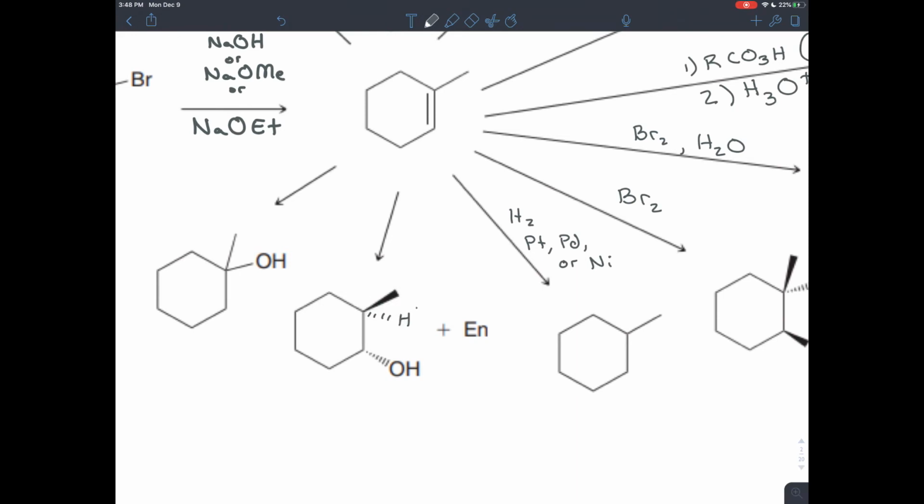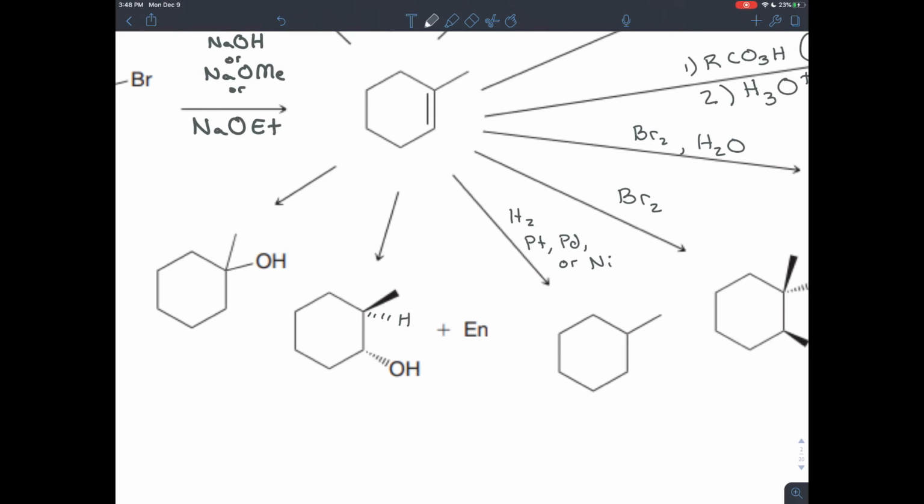If you draw the hydrogen in, you see that it added on the same side as the OH. This is syn hydroxylation. So these H and OHs, or syn hydration, I should say, because you have an H and an OH adding. H and OH, that's like H2O, so it's like adding water onto the molecule. Notice also that the H goes onto the more substituted carbon. So this is anti-Markovnikov addition.